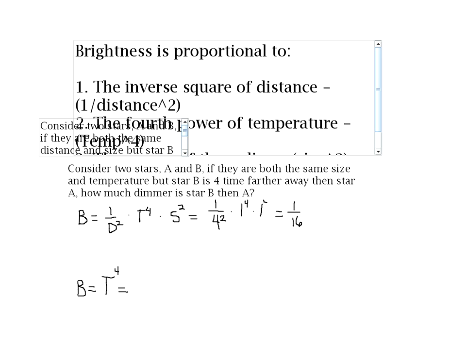So this means that since it's 4 times warmer, it'll be 4 to the fourth, and I need a calculator for that. You guys probably have already done it.